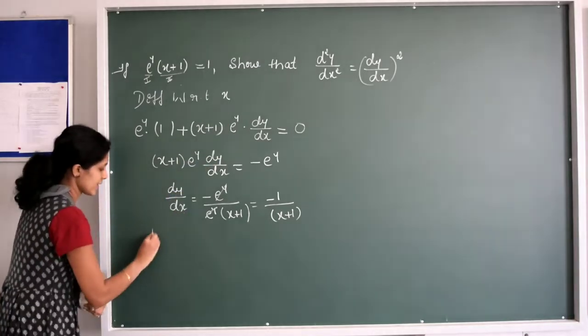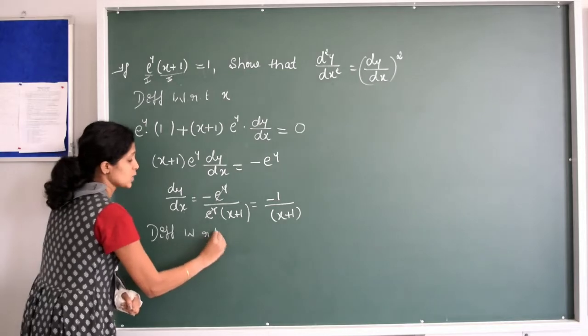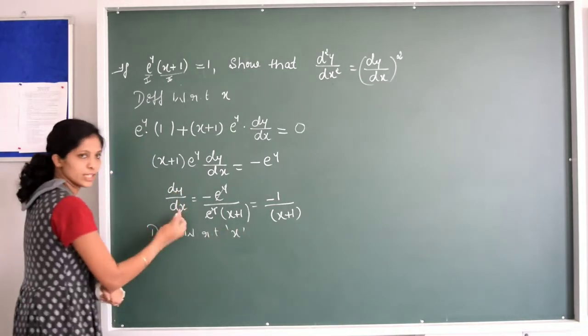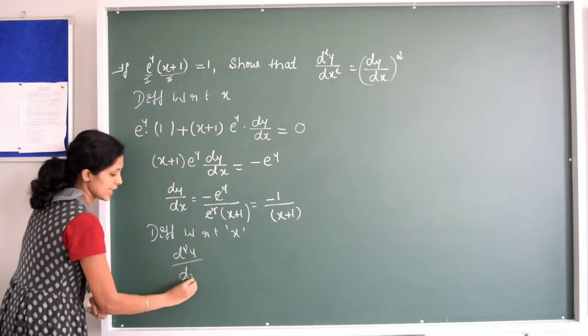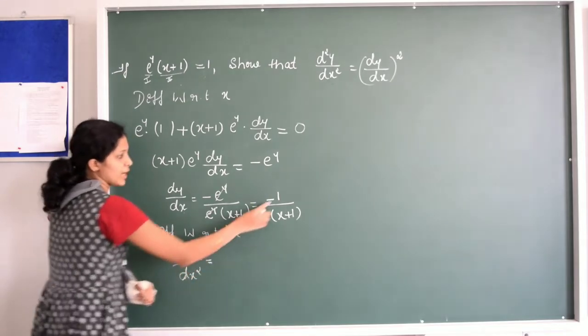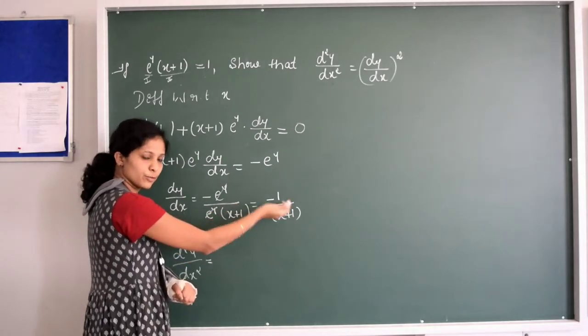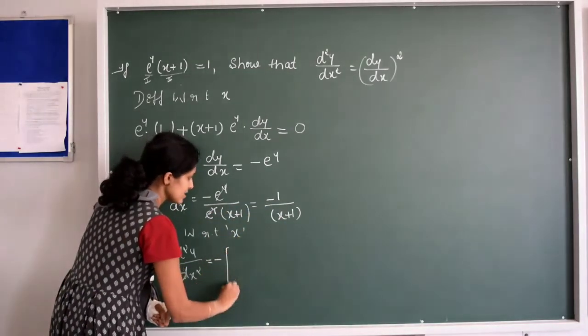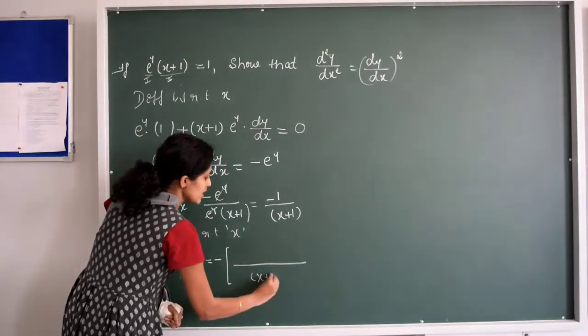I will differentiate this again, differentiating the function with respect to x. So the derivative of dy by dx will be d square y divided by dx square is equal to the derivative of minus 1 by x plus 1. Now you have to apply the quotient rule, right? It's of the form f of x by g of x, minus as it is, divided by the denominator whole square, which is x plus 1 whole square.